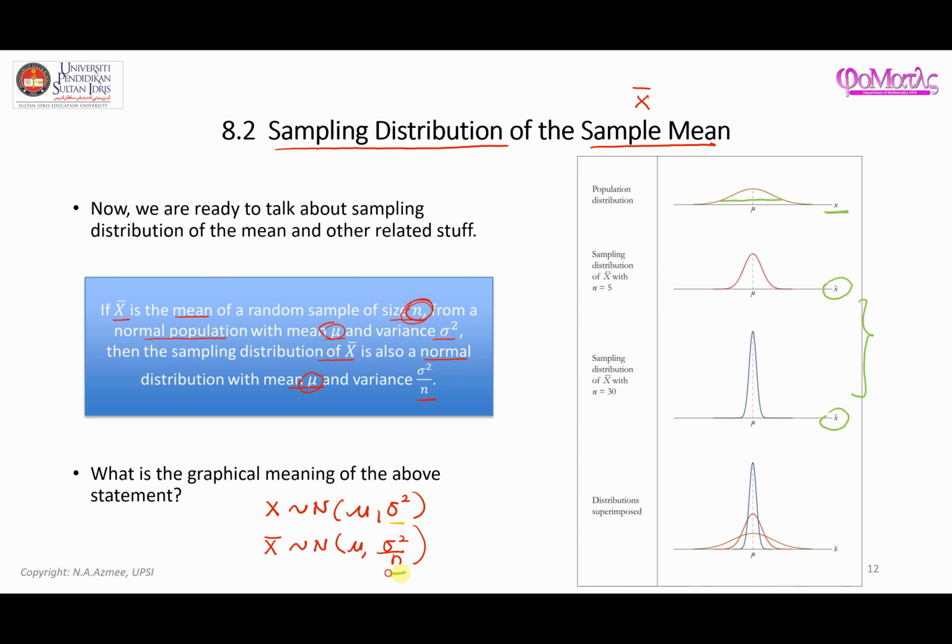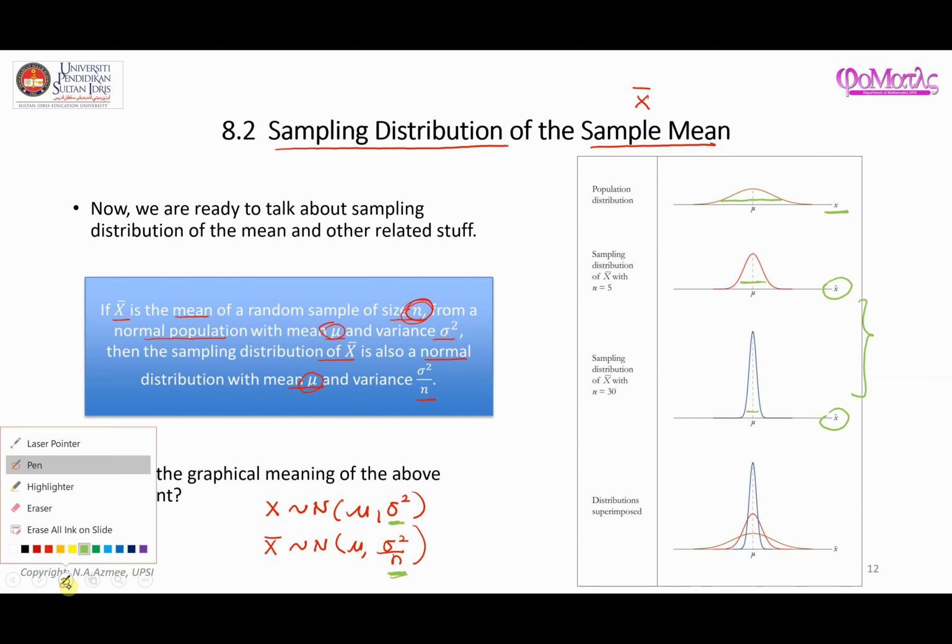So the variance for x bar is smaller than the variance for x. For x it is sigma squared, this one is sigma squared over some other value. So therefore, the variance of this is smaller. You can see this one is smaller than the first one. This one is also smaller than the first one right here.